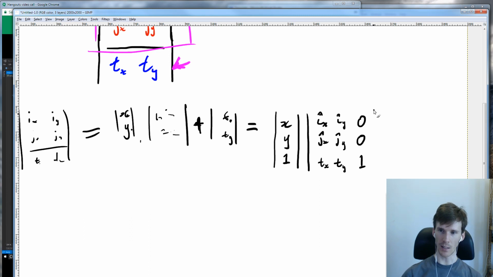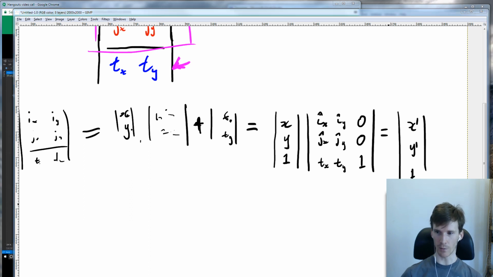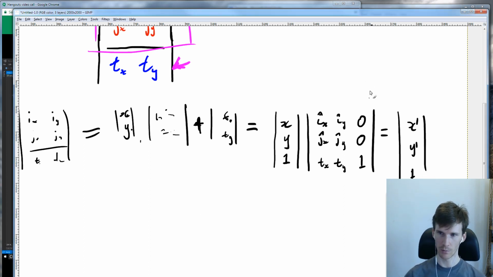Strictly speaking, you don't even need that last row, but we want to end up with x dash, y dash, 1. If I'd left off this last row, it would end up being a 2D vector without the 1 on the end. For congruence you include it. It depends whether you want to return a v3 or a v2. You've just got the identity in the v3 because you're not actually using it.